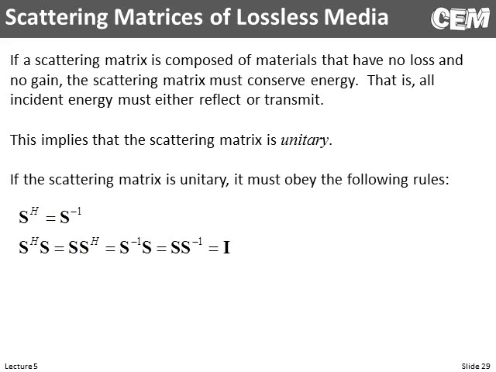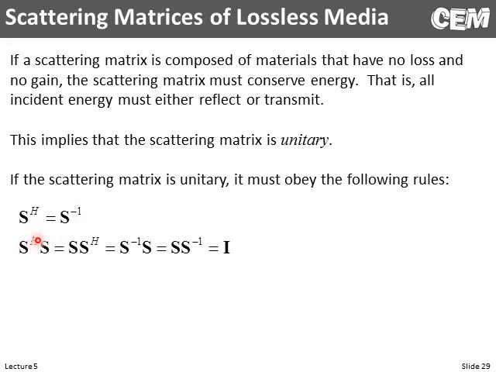Another thing I'll quickly mention, if we have scattering matrices of lossless layers, so there's no gain and no loss, it turns out our scattering matrices are called unitary. And from a qualitative perspective that means it conserves energy. All the energy that goes in has to come out somehow, either reflected or transmitted. Mathematically, there's some other consequences that are sometimes useful. The complex transpose, or the Hermitian transpose, is the same as the inverse of our scattering matrices.